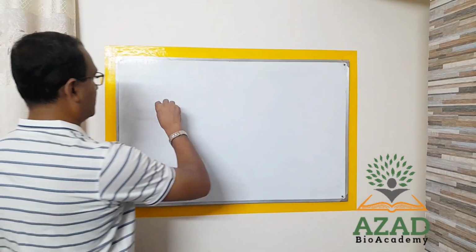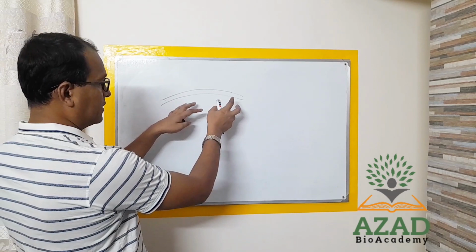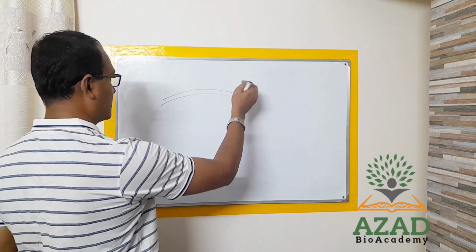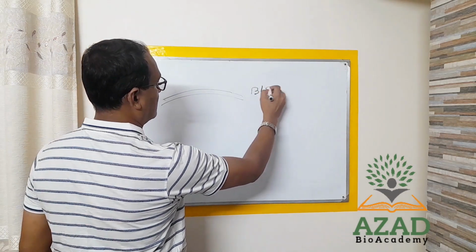Okay, so suppose this one is the cell membrane, and suppose this cell is of a blood vessel.